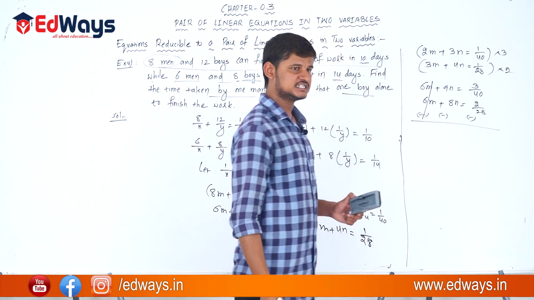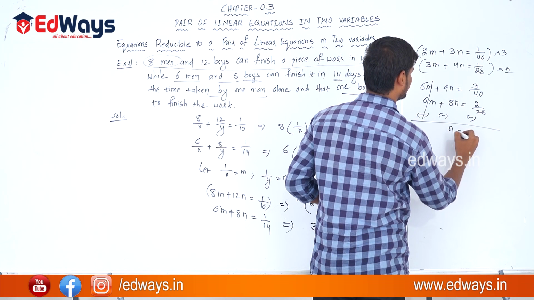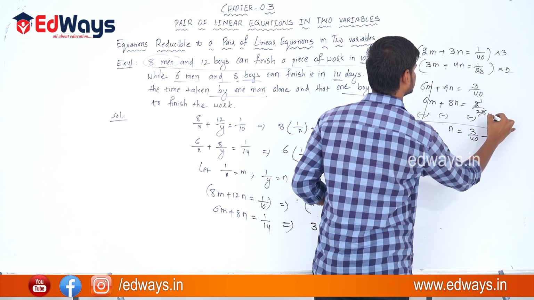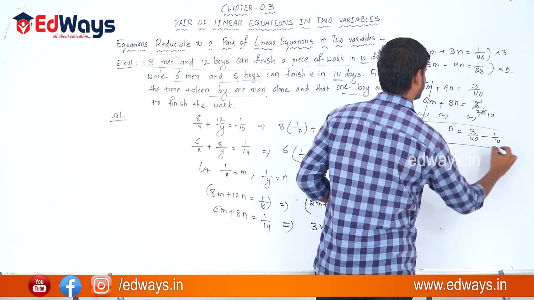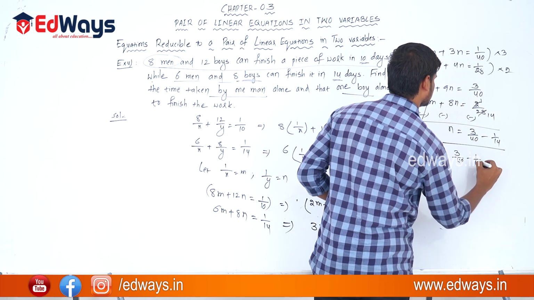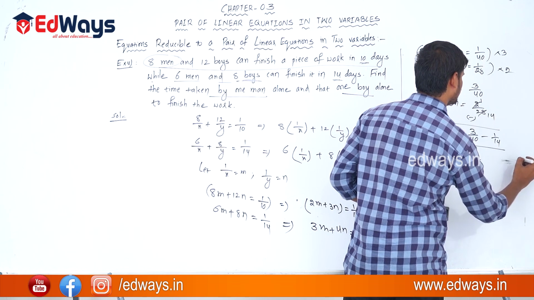6m minus 6m will get cancelled, and 9n minus 8n is 1n, that is n. So that is equal to 3 by 40 minus, I can write it as 1 by 14. So n is equal to 3 by 40 minus 1 by 14. So take the LCM of 40 and 14.